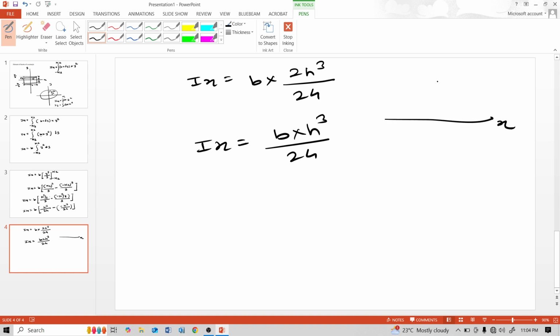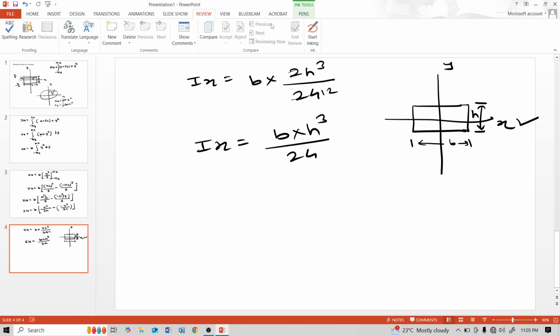See here, this is the x-axis, this is the y-axis, and this is our rectangle of height h and width b. So the moment of inertia about the x-axis is width into height cube divided by 24 times 2, which is 12.